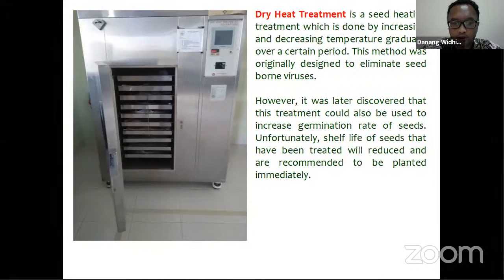Yang lain yang juga dilakukan salah satunya adalah dengan dry heat treatment. Ini adalah pemanasan benih yang dilakukan dengan menaikkan suhu secara bertahap, juga menurunkan suhu secara bertahap dalam waktu tertentu, biasanya sekitar 2-3 hari. Metode ini sebenarnya awalnya didesain untuk menghilangkan virus-virus yang seedborne atau tular benih.